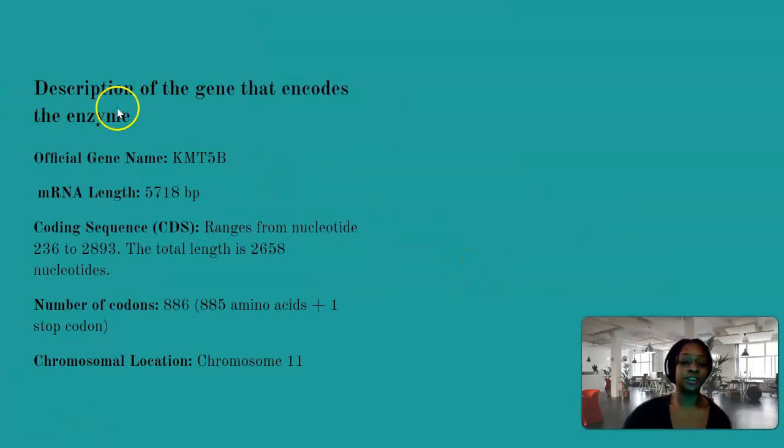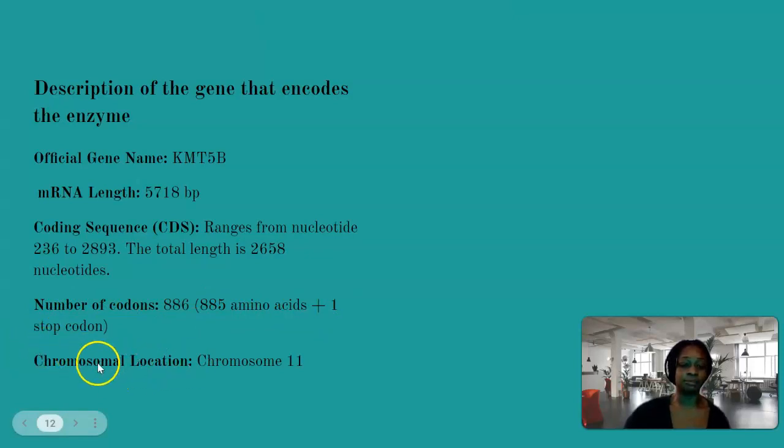Now, as we move on to the gene that encodes the enzyme, the official gene name being KMT5B, we look at the coding sequence and the length of the mRNA. This is actually a pretty long sequence, the total length being about 2,658 nucleotides. We have about 885 amino acids plus one stop codon.